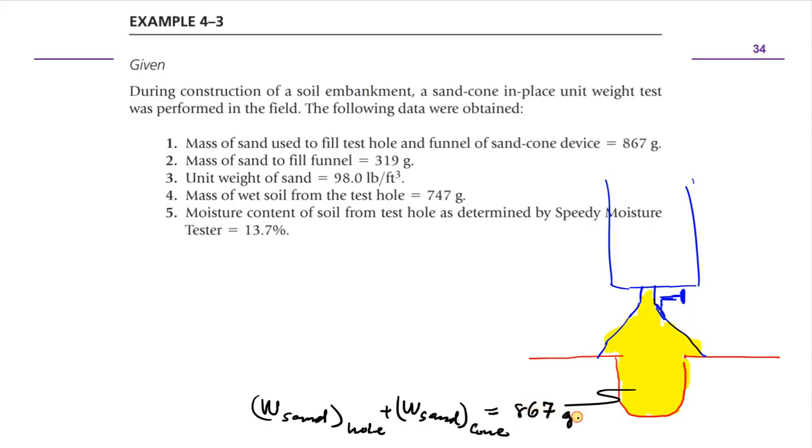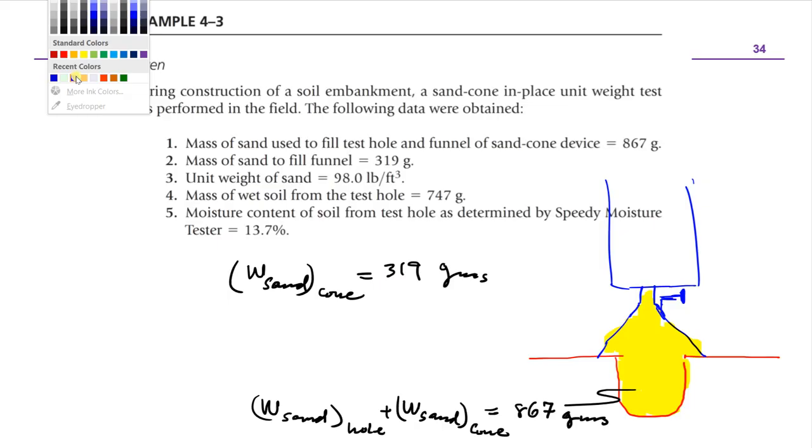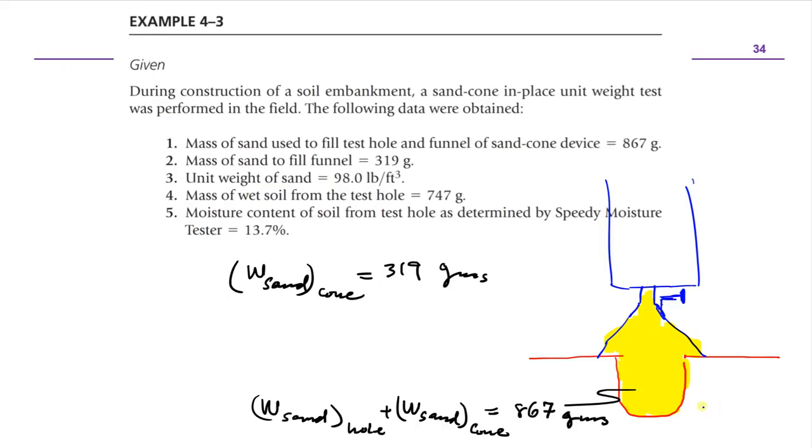Now the second thing is the mass of sand to fill the funnel. So it means the weight of sand in the cone, only the cone, is 319 grams. And one more thing is how much soil was excavated from here.